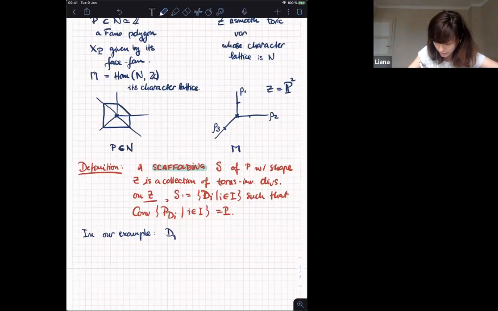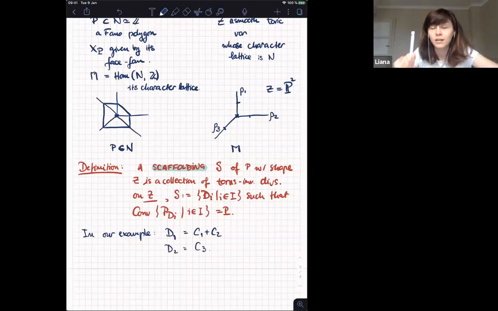So let's choose D1 equal C1 plus C2, D2 equal just C3. So C1, C2, and C3 are torus invariant divisors on Z, which each correspond to each ray. So if you know a bit of toric geometry again, each ray of the fan corresponds to a torus invariant divisor on the respective variety.